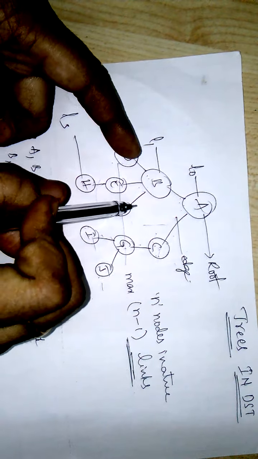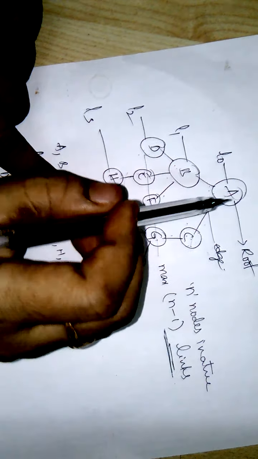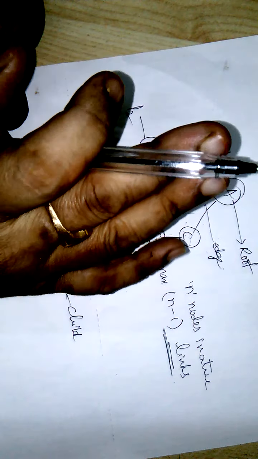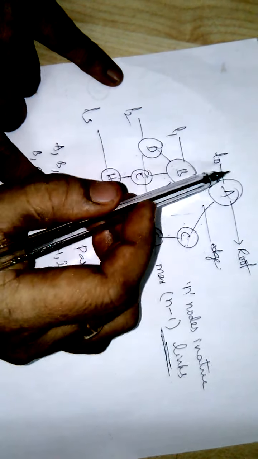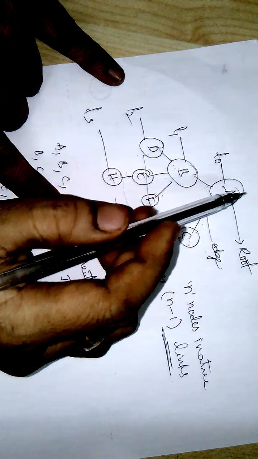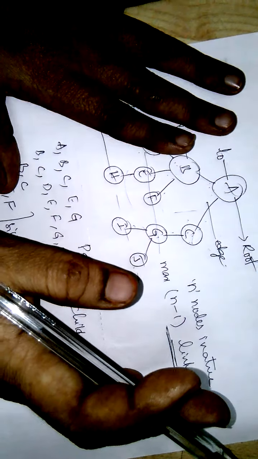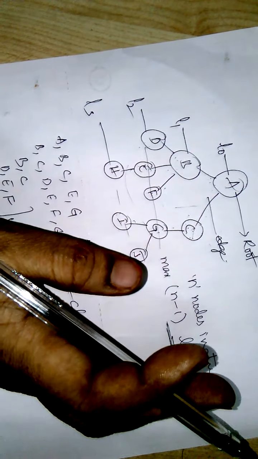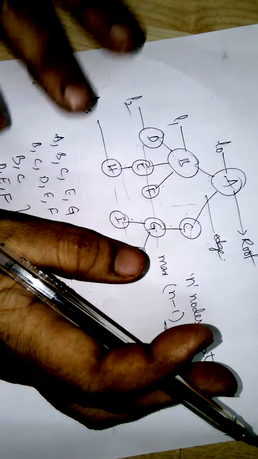If a tree has n nodes, then it must have a maximum of n minus 1 links, and a node can have any number of child nodes. This is about tree data structures. Now we will see the main important terminology of trees.